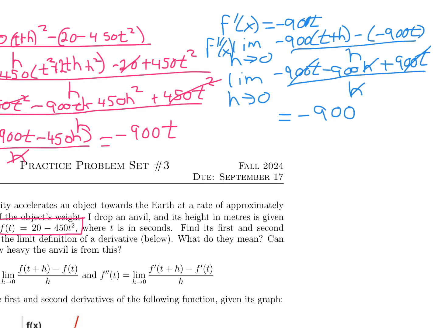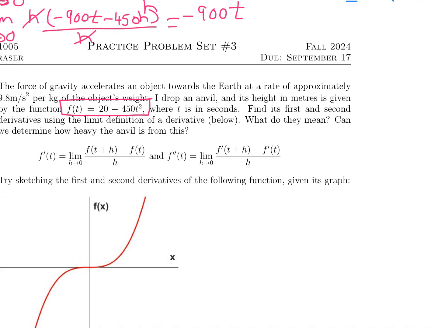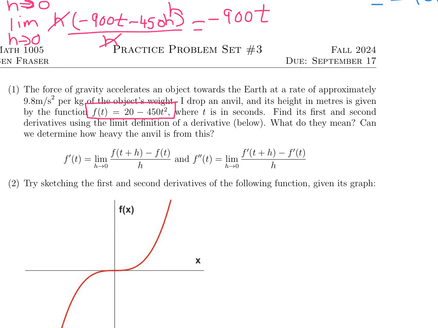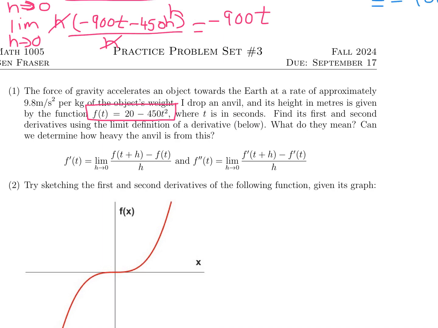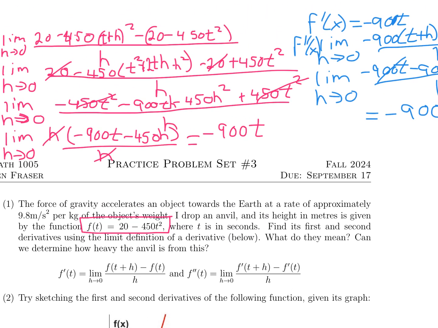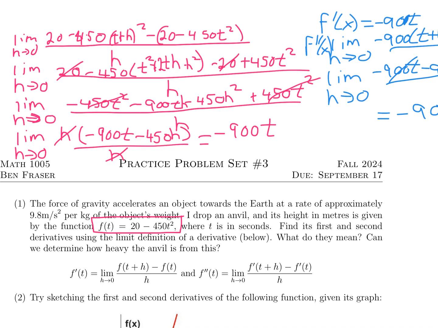So going back to the question now, there was another question after you found the derivative, asking what do they mean, and how can we determine how heavy the anvil is from this? Our first derivative is the velocity of our anvil, how fast it's changing over time.